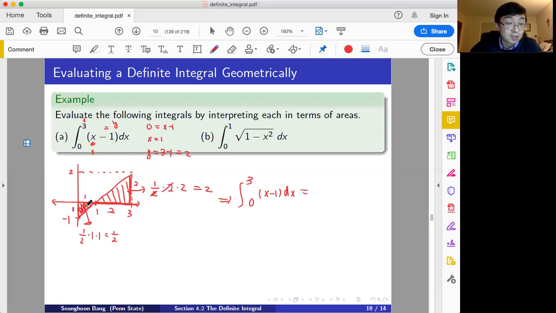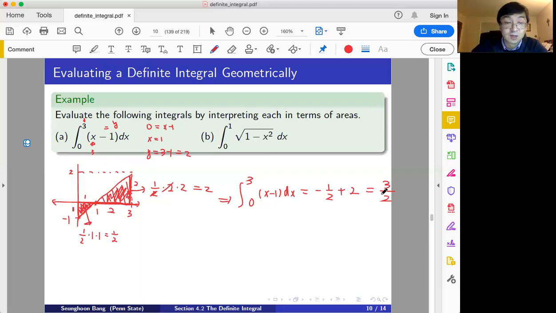This area is below the x-axis, so we use negative 1, the net area. This one is above the x-axis, positive 2. The answer is 3 over 2. That's it. This is the whole idea for finding area by using the geometric method.